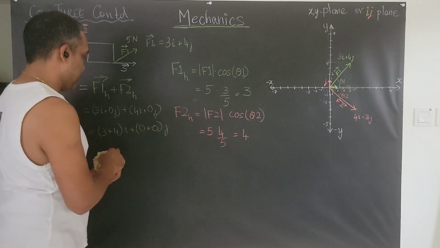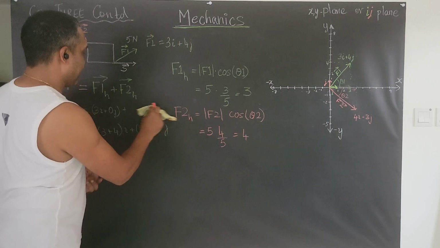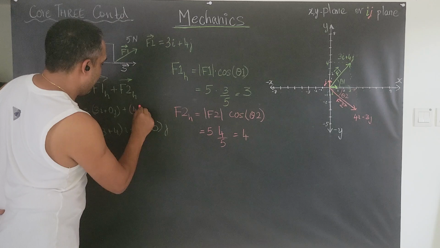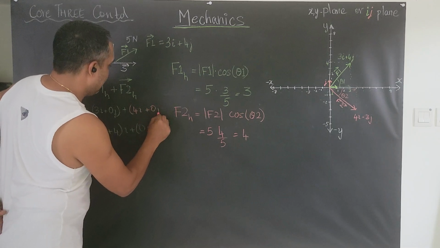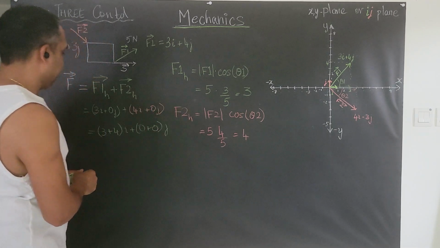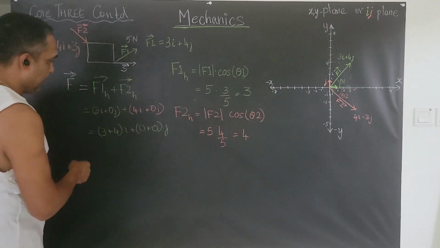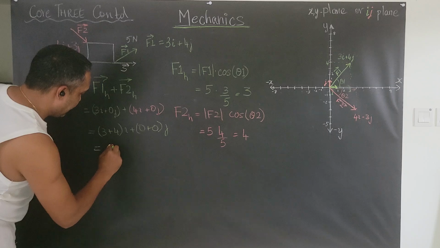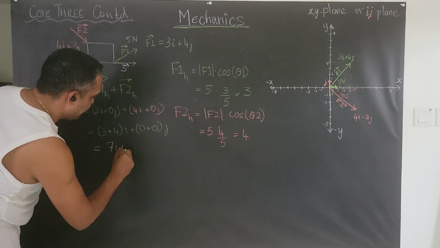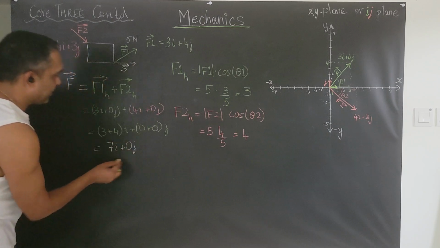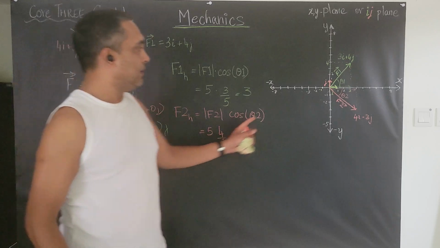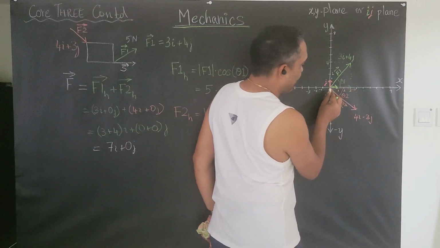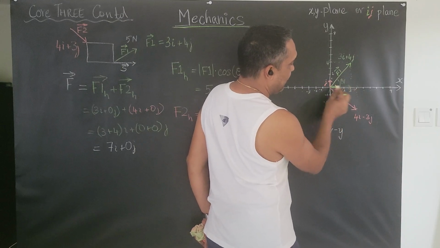Here's what I do, just so you understand. 4i plus 0j. What does that get me? That just leaves me with 7i plus 0j, which is really just the horizontal vector along the extension of the i unit vector to give me an addition, which if you see, 3 units and then another 4 units.